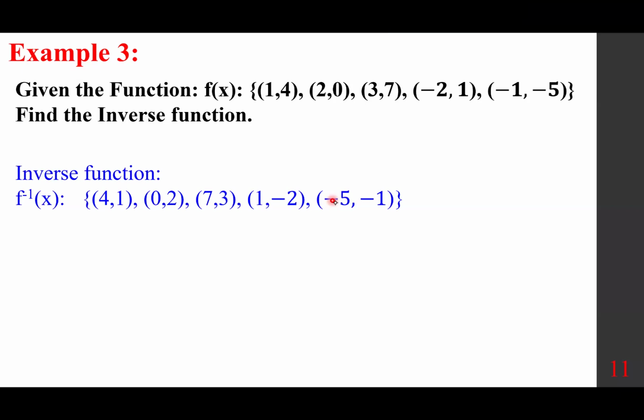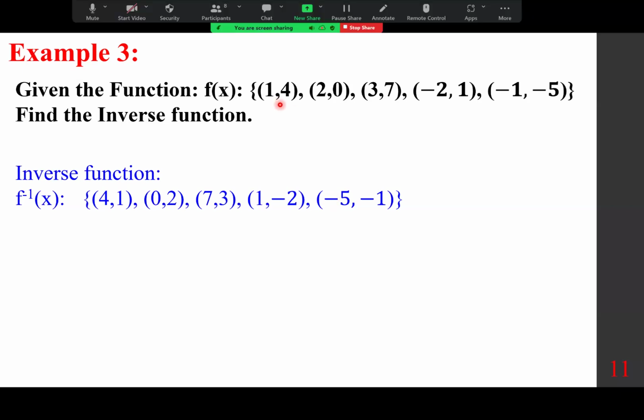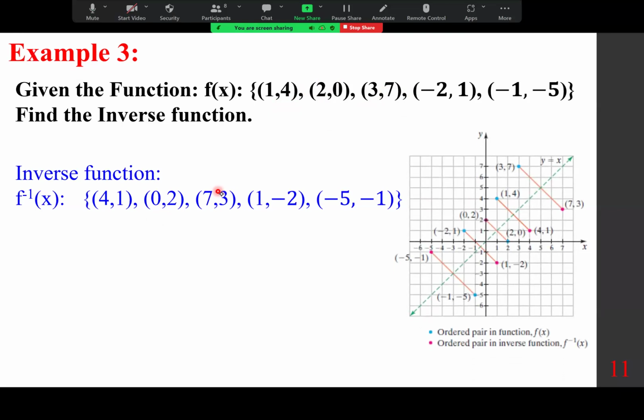Now, if we were to graph these, (1, 4) and then (4, 1), (2, 0), (0, 2), (3, 7), (7, 3), they look like this. I'm assuming everybody can plot pairs. So if we plot those, for example, (1, 4) is here, (4, 1) is here. (2, 0) is here, (0, 2) is here. (3, 7) is here, (7, 3) is here.